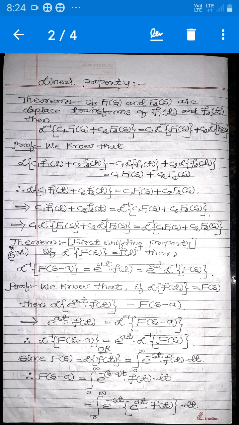For this equation, apply the definition. Hence, by definition, c1 f1(t) plus c2 f2(t) is equal to L inverse of the right-hand side, that is L inverse of c1 F1(s) plus c2 F2(s). On the left-hand side, f1(t) is the inverse Laplace transform of F1(s), that is L inverse of F1(s), and f2(t) is L inverse of F2(s).